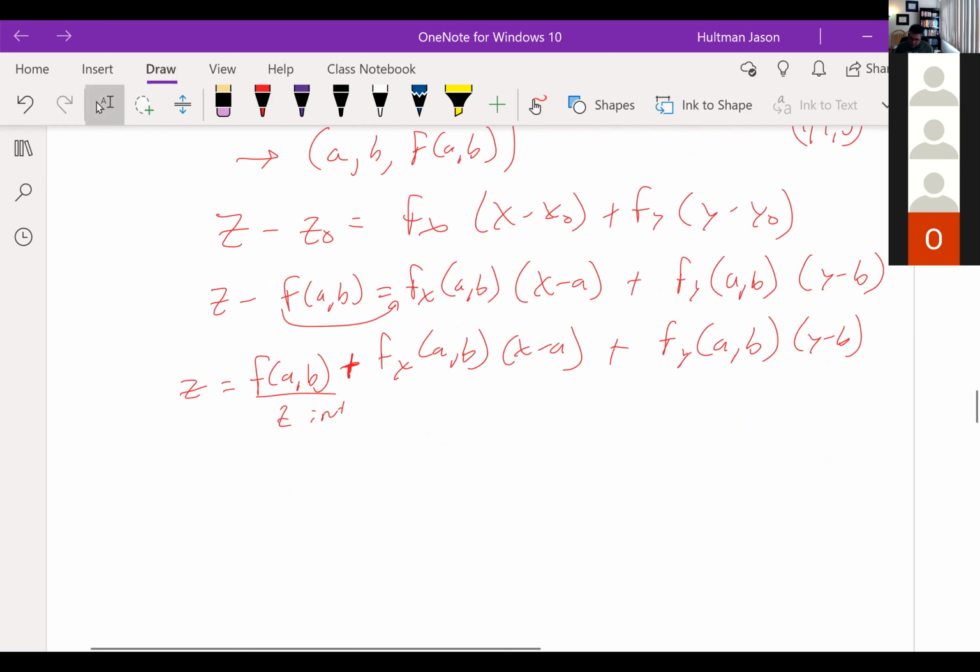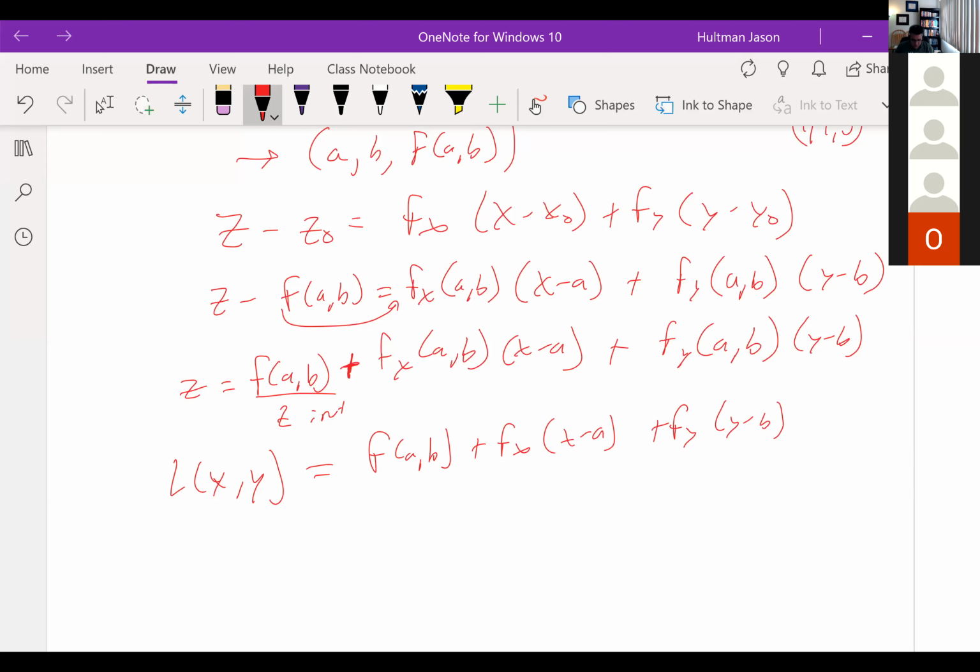If we were to generalize this, that z is really L of x, y, a function now, this tangent plane function. So we have a tangent plane function that we're going to call L of x, y, equal to f of a, b plus f sub x of x minus a plus f sub y of y minus b.